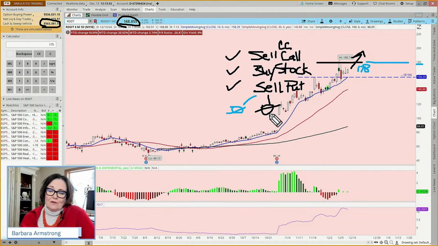We might buy it back when we've got 50 or 70 or 90% of our gain. It depends on what's happening with the stock and what your trading plan suggests. And then this call, if it's not above 180, would end up expiring worthless. So we'd have made money here, and the stock's gone up a little bit, but we'd have made money here.